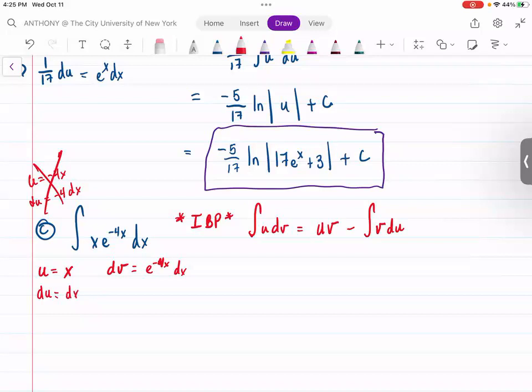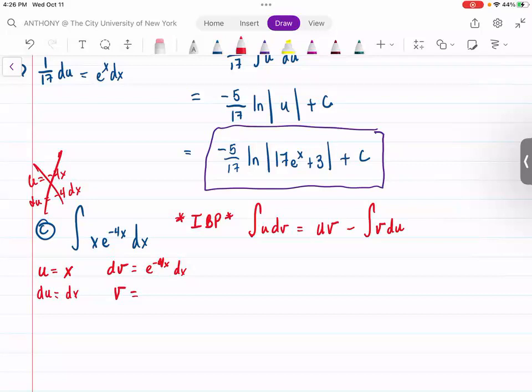Now for dv, we have to find the antiderivative. What is the antiderivative of e to the x? E to the x. The thing here is that the variable x in your exponent is being multiplied by negative 4, so essentially we're using a u-sub informally.